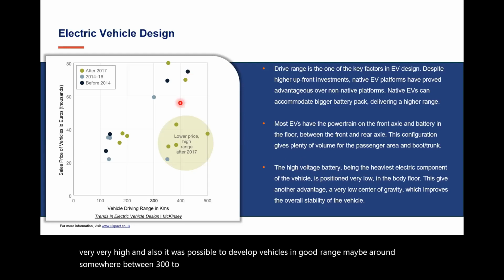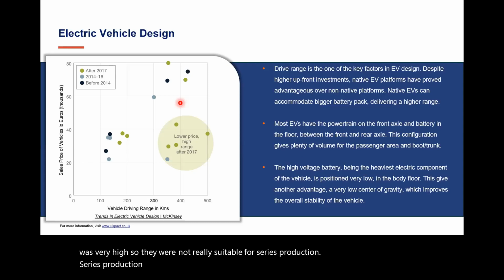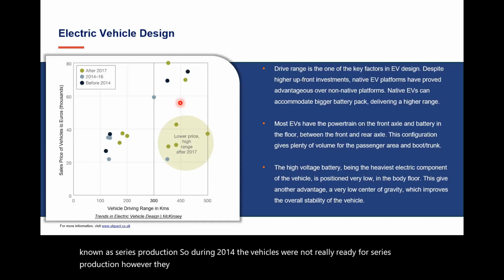The range of the vehicles was good, but the price was very high, so they were not really suitable for series production. Series production is basically when you develop vehicles in huge quantities. That phase is known as series production. So during 2014, the vehicles were not really ready for series production. However, they developed some good prototypes.